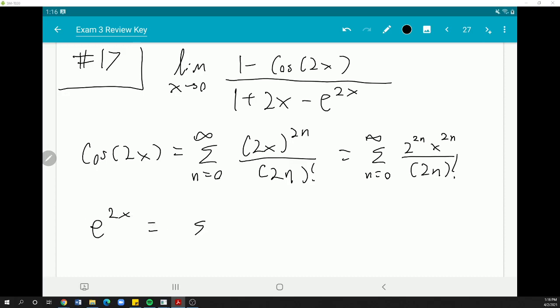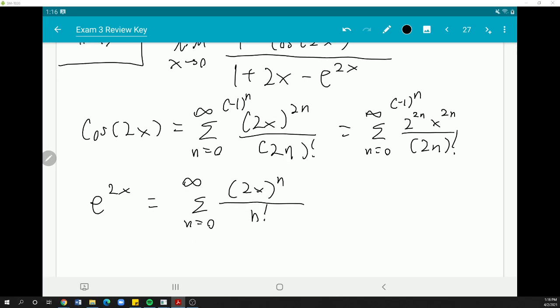Similarly, e to the 2x is equal to this power series, 2x to the n over n factorial. Also, this cosine has a minus 1 to the n on it. Okay, so now we try to make these work.